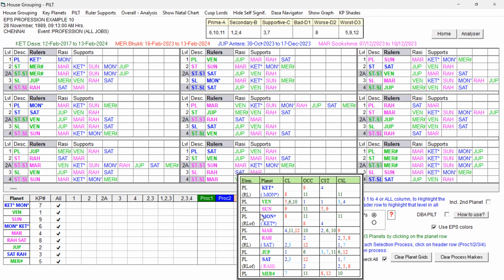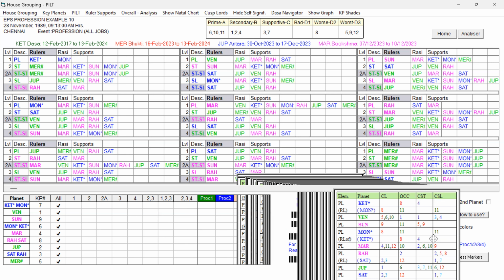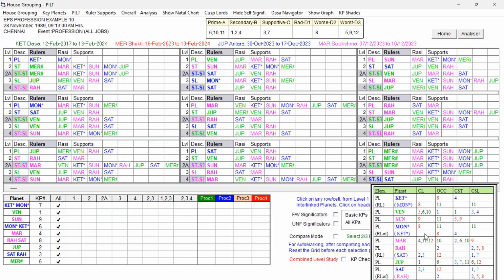The planets which are change causing key planets are Sun, importantly, and Mars. Then comes Rahu. Sun, Mars, Rahu are the favorable key planets for change. Out of them, Sun is strongest, then Mars is supportive for change, then comes Rahu. So we have to keep these planets in our mind and we have to look at the Dasa Lord.